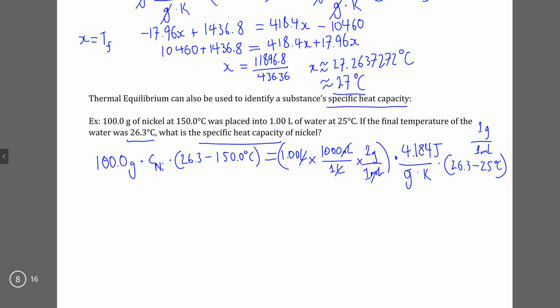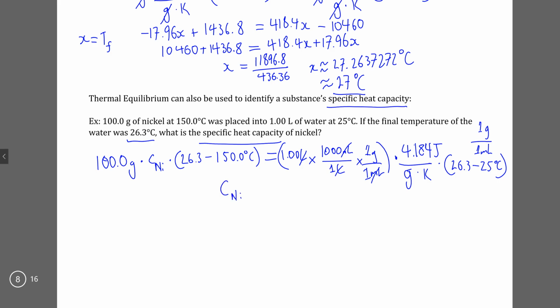And all that we need to do is solve for the specific heat capacity of nickel, which means that if we divide both sides by 100 grams and by the temperature change that occurs with nickel, then we can figure out what the specific heat capacity of nickel is.